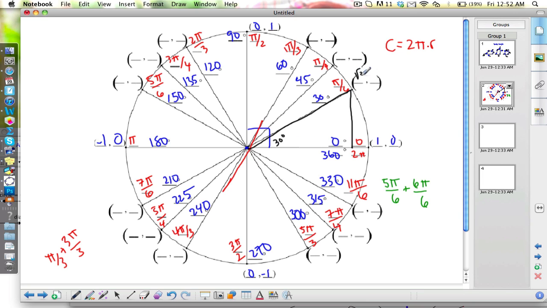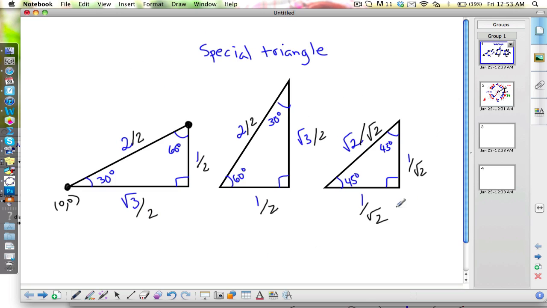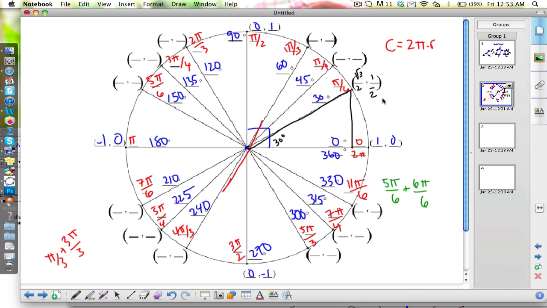So root 3 over 2, 1/2. What about that one? 45. I'll go over 1 over root 2 and up 1 over root 2. Perfect.